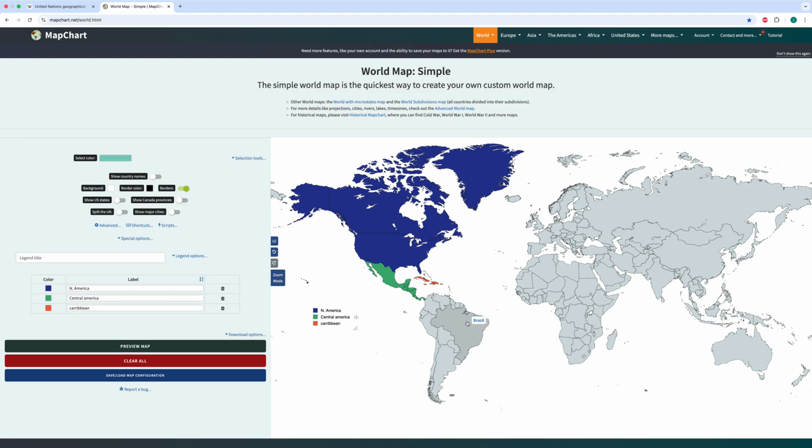Then there's Brazil. Then there's Bolivia, Chile, Paraguay, Argentina, and Uruguay as the Southern Cone. Yeah, I'll color these.